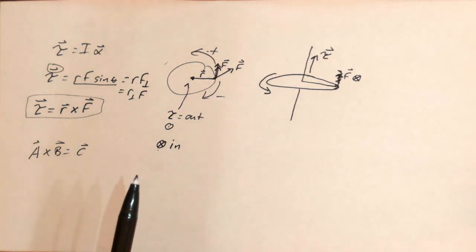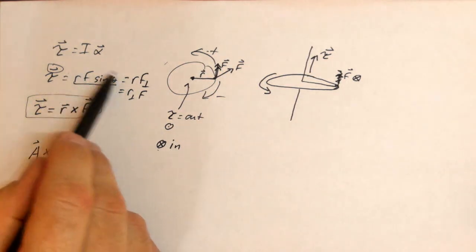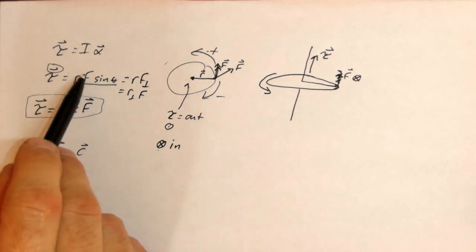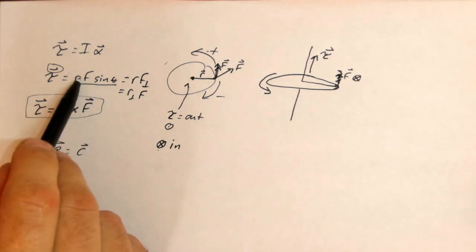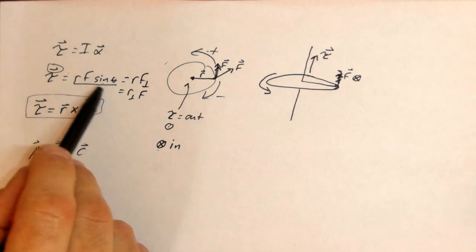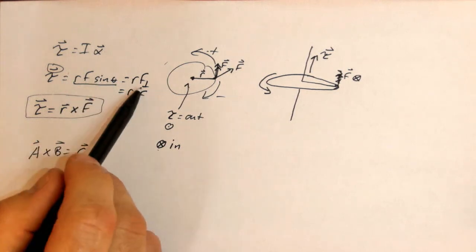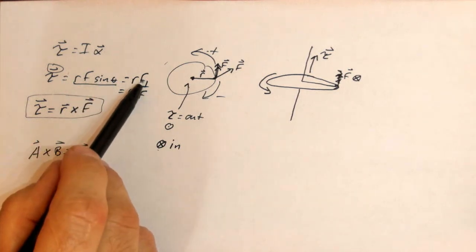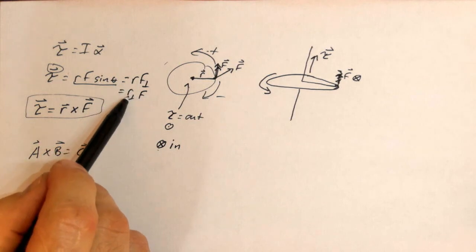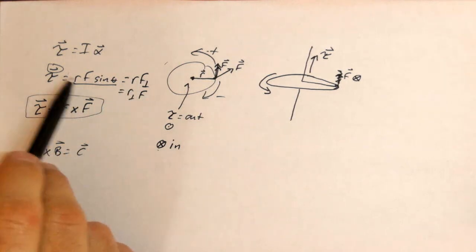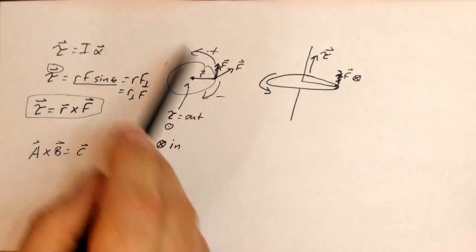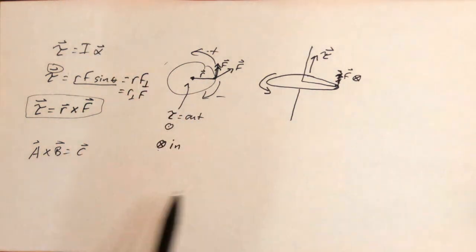Now, generally, you're going to just use this. You're going to say, how big is it? Okay, by considering how perpendicular these are. How big is R, how big is F, and what's the sine of the angle between them? Or what's the perpendicular part of F relative to R, or what's the perpendicular part of R relative to F? That's how big you'll find it. And then you'll think about direction: okay, it's going to make it rotate this way or this way.